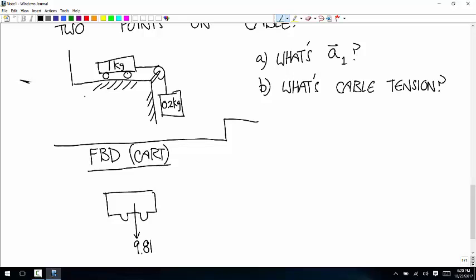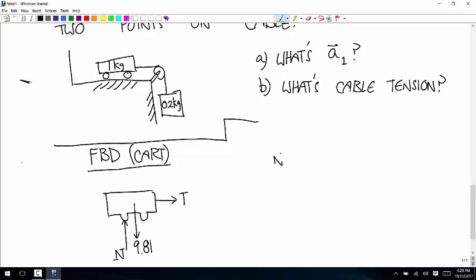And then there's a pushing force from the floor up on the wheels. I'll call that N. And then there's a pulling force from the cable going this way. I'll call it T. We don't have any way to know what that is yet.